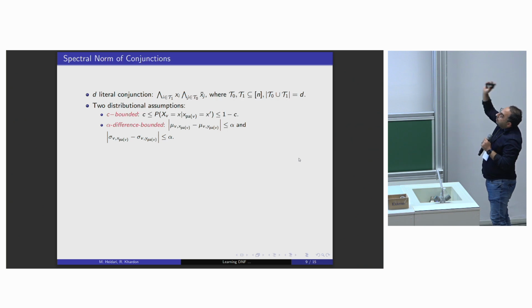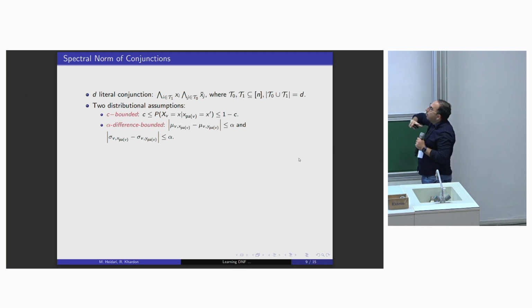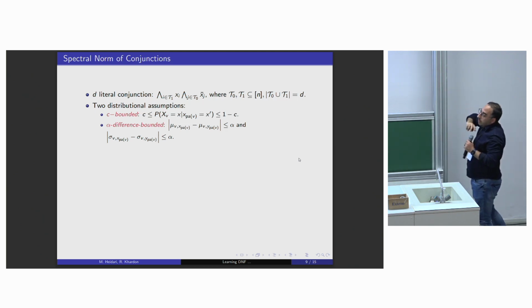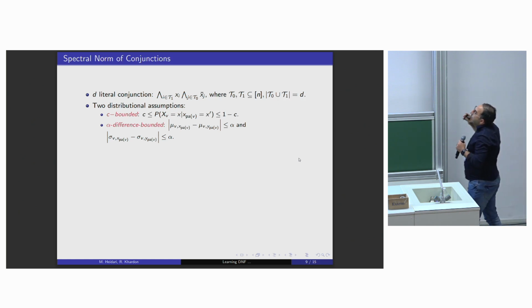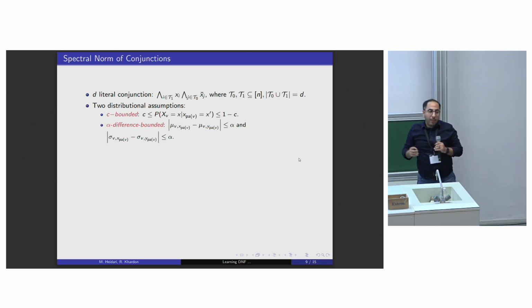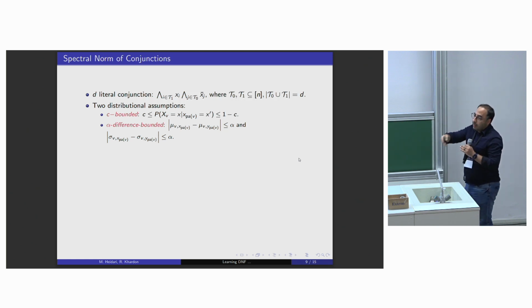We look at D-literal conjunctions, and we need two distributional assumptions. One is C-boundedness, meaning that the probabilities are not too close to 0 or 1. We also need alpha-difference boundedness, meaning that in a Bayesian network, the parent cannot dictate too much to a child node.